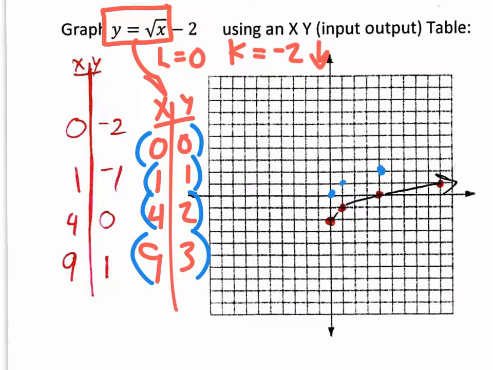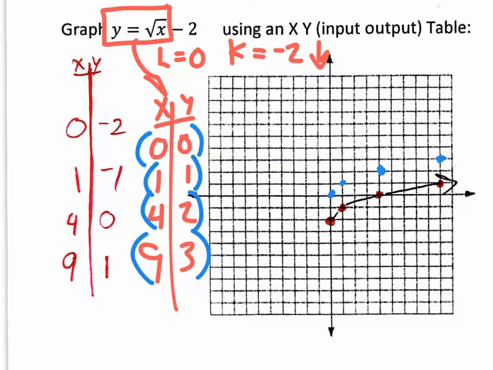And (9, 3) is right there. So those blue dots would be my original parent graph, right? Now what can you tell me about the blue dots from the original parent graph compared to my actual graph? Translated 2 down. Got shifted 2 down. Translated is a better word.